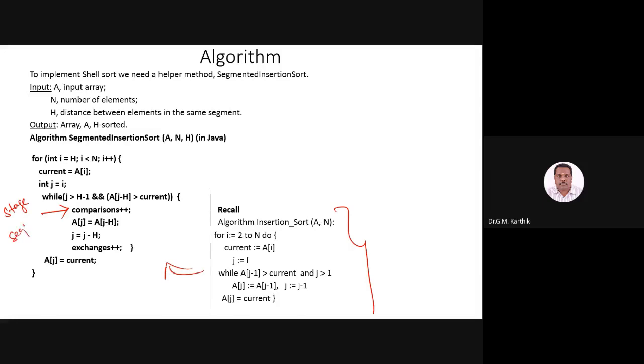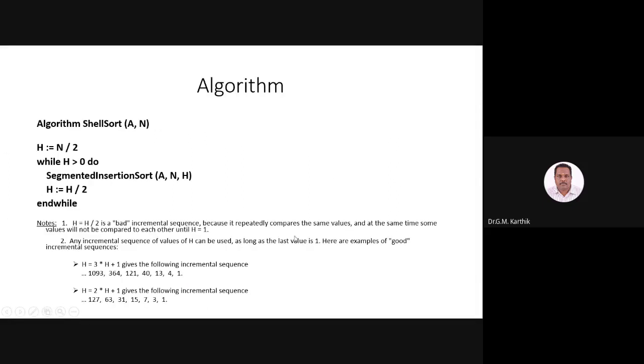Initially, if you are given 8 elements, you will have 8 by 4 or 8 by 2. You take a floor operation and perform the process. So this is the algorithm for shell sort, and we repeatedly do this.